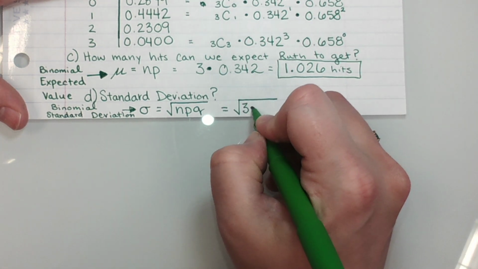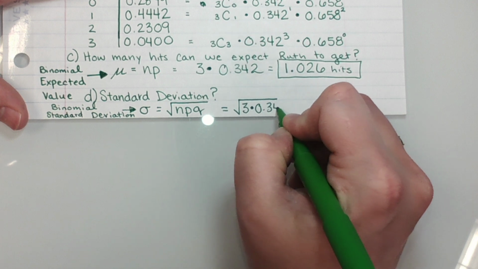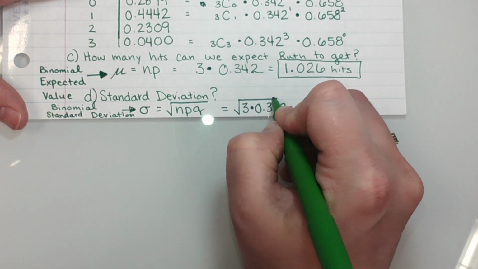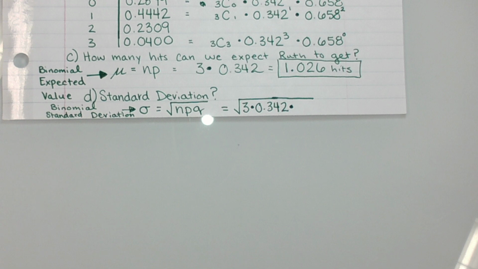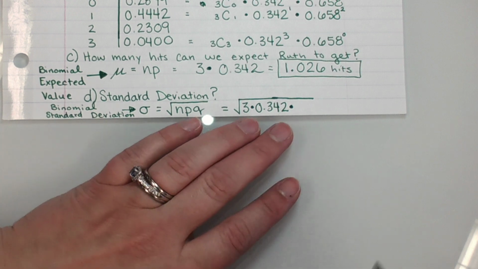N is 3. P is 0.34. Now, we already did that multiplication, so in all technicality, there is an additional formula for sigma, and it's the square root of mu q. But you don't have to do that.